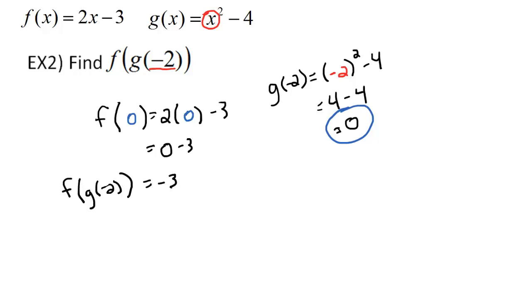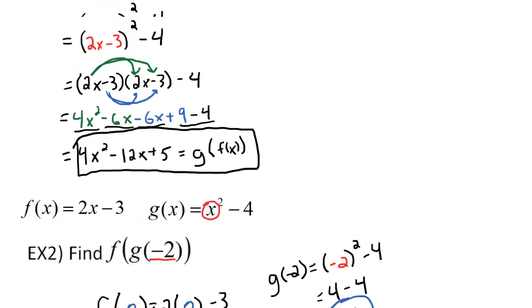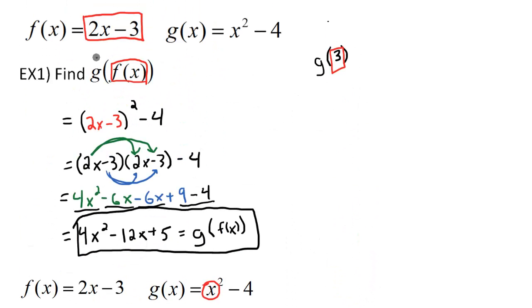Now that's a little bit different, like I said, compared to the one that we did up here. We had g of f of x, so I recommend writing the first function that you see on the left, then plugging in the other one as the input, and then just simplify things.